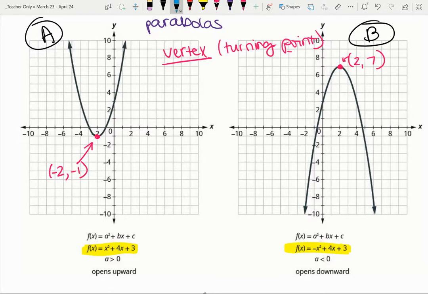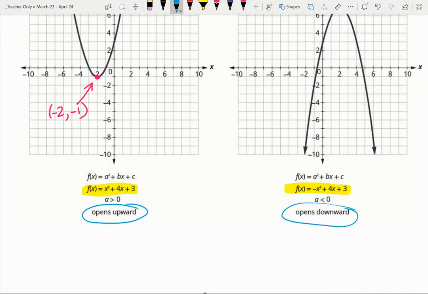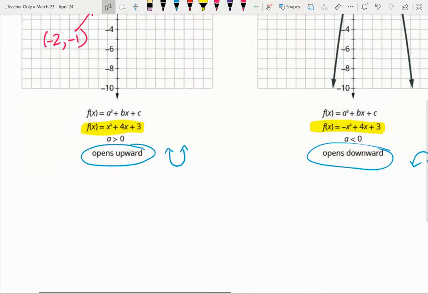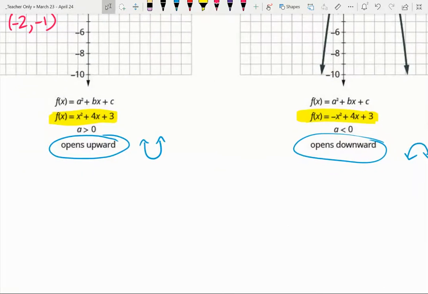Something you might notice down here, we've referenced this before, is talking about the value there. We have graphs that open upward or open downward, right? If they're opening upward, that's a thumbs up, that's a smiley face. If they're opening downward, that's a thumbs down, that's a frowny face. Another word that we could use instead of opens upward or downward is concave up or concave down.